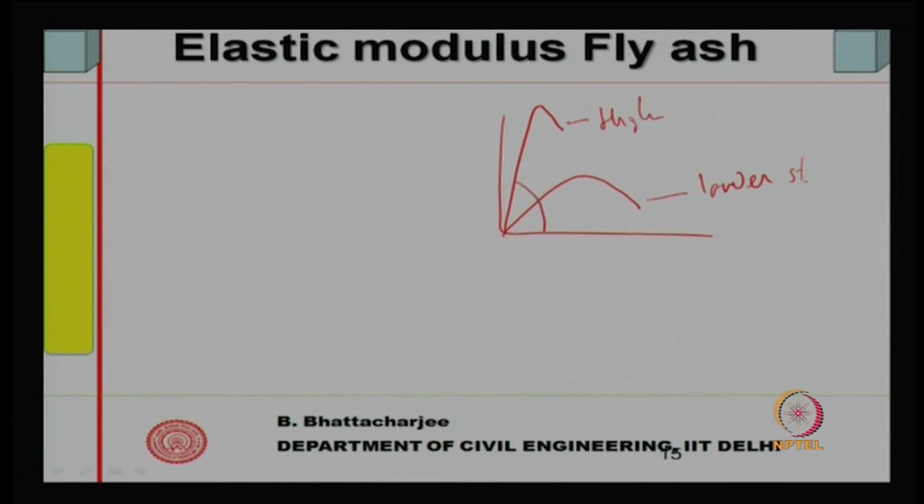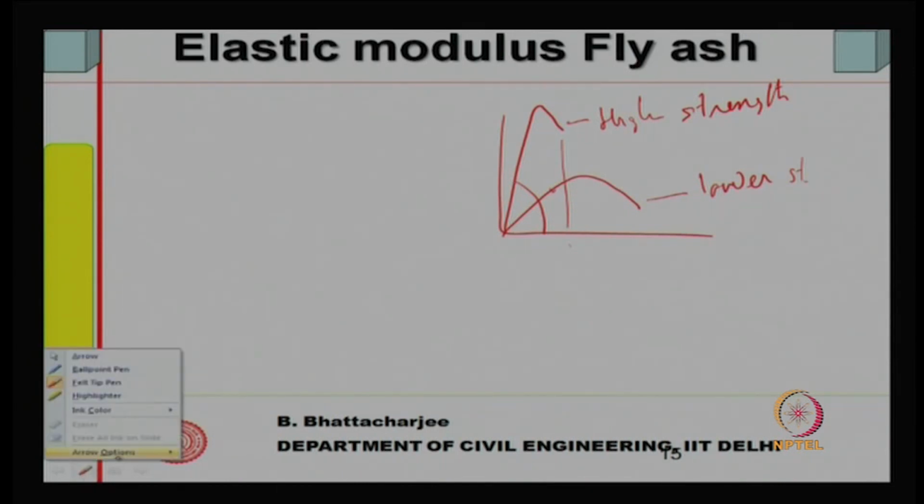So, you can see the modulus of elasticity increases, and the deformation at which it fails is also relatively less. Actually, this behavior is between the cement paste behavior and aggregate behavior, since you improve the cement paste somewhat. Therefore, this behavior is realized in case of high strength concrete, so you have higher modulus of elasticity.